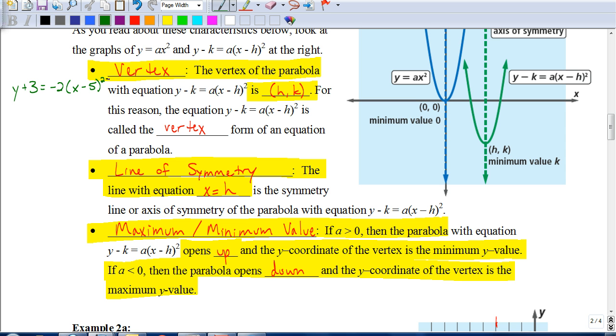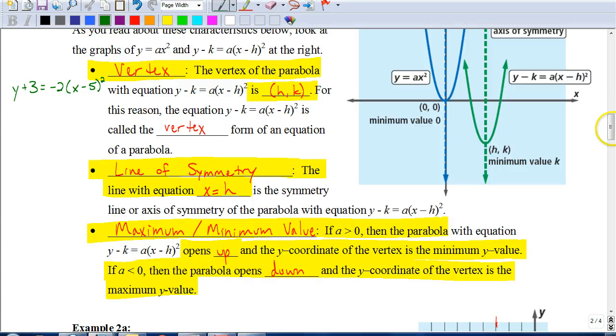The first thing I'm going to want to do, like I said, is find the vertex. Now, just like what you wrote down in your notes, the vertex is the coordinate (h, k), which, if you remember from the previous video, is what a translation is represented with, that h and k. So that h and k is essentially your vertex.